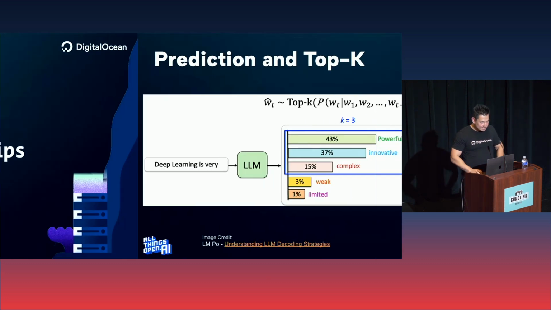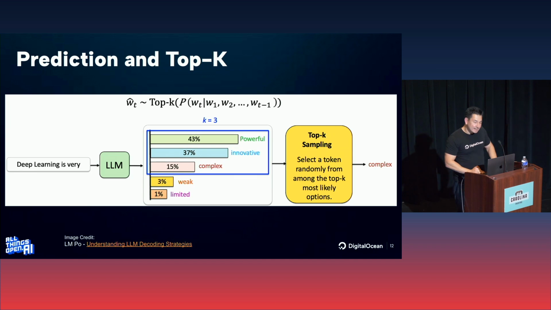Let's go ahead and first take a look at a traditional vector database, right? When you're doing your next token prediction and trying to figure out what the next token is, one of the mechanisms to limit what that next token is going to be is something called top K. Top K is basically: only consider the top K, or top 3 or top 4, tokens for the next token in the response to the query.